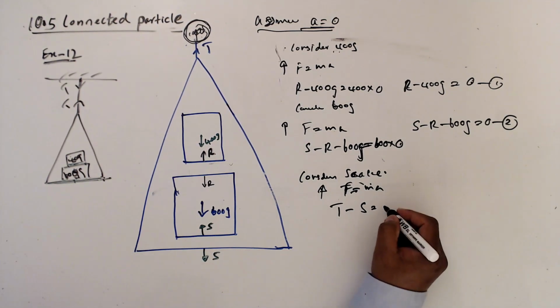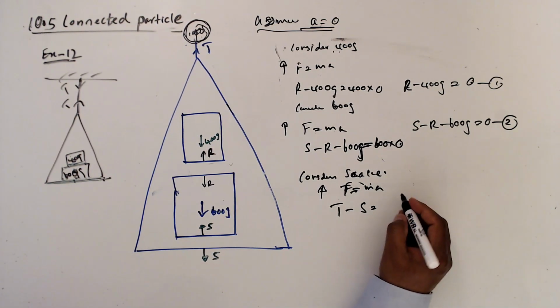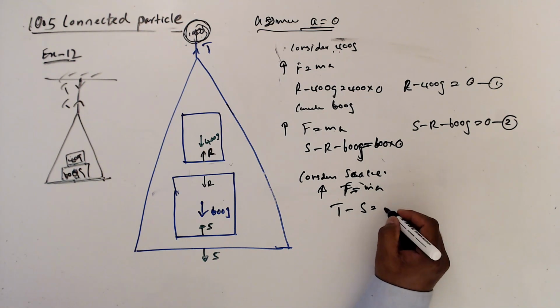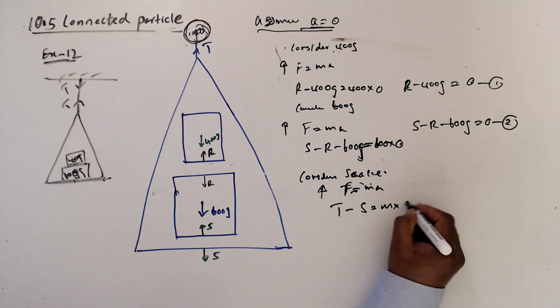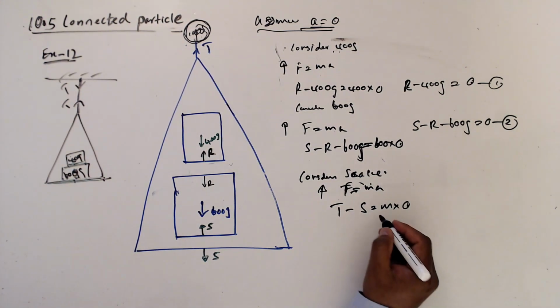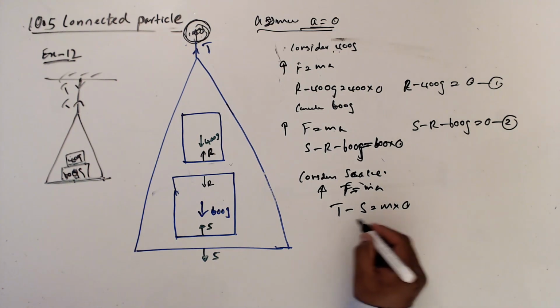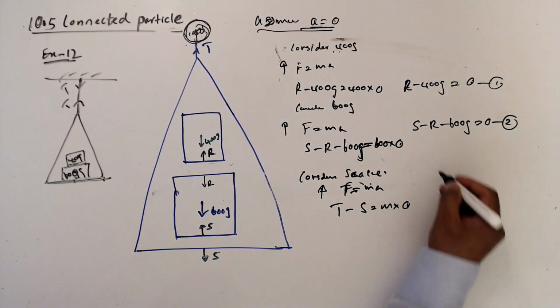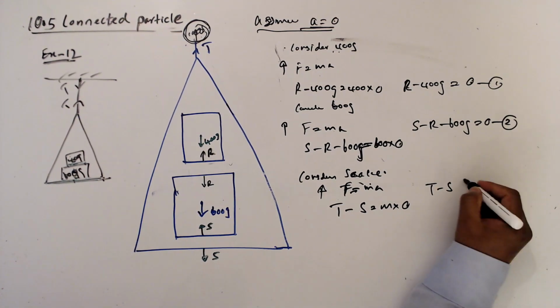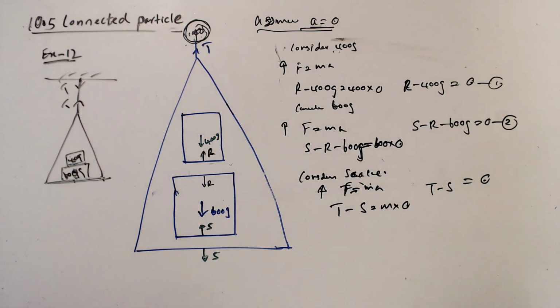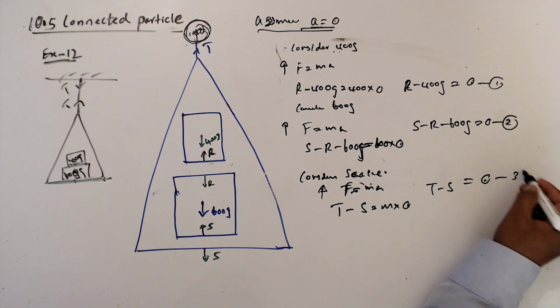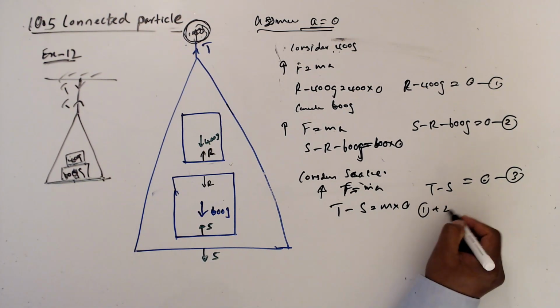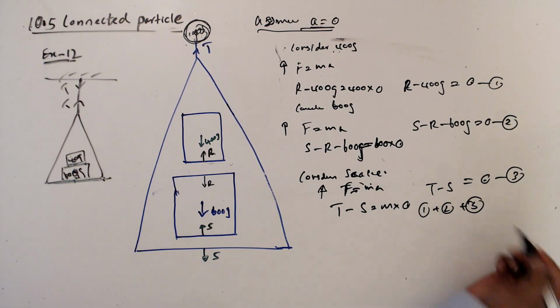If you want to, you can put M or anything, but we'll say M times acceleration is 0. So because of that, we get T minus S equals 0. Now, this is equation 3.